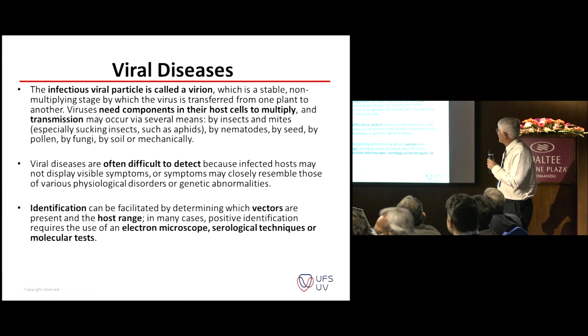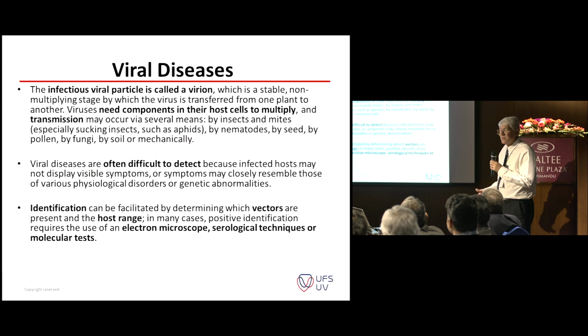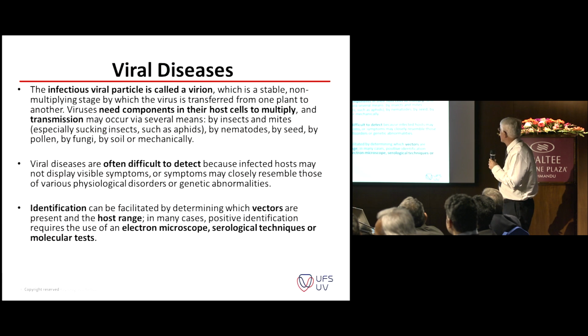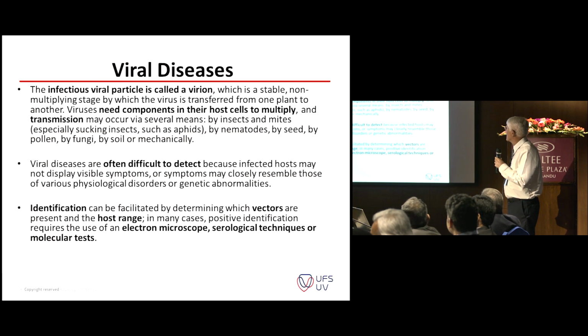Viral diseases: the infectious particle is called a virion. They're not organisms in the true sense of the word, and they need the host cells to multiply. And again, transmission is by several means, usually insects or mites, also by nematodes, or even pollen, fungi, soil, or mechanical means.